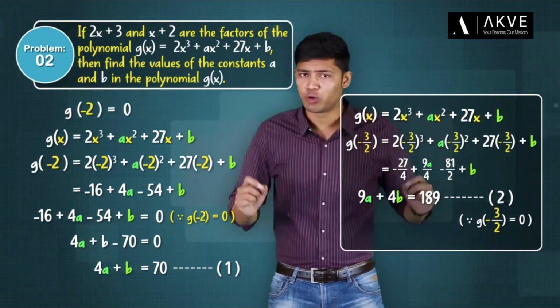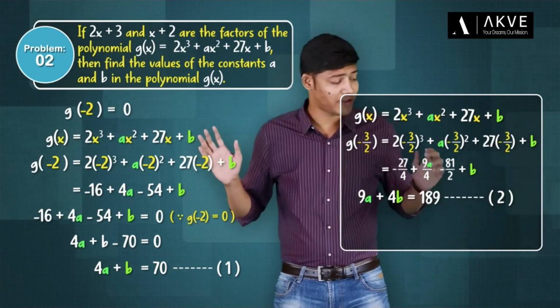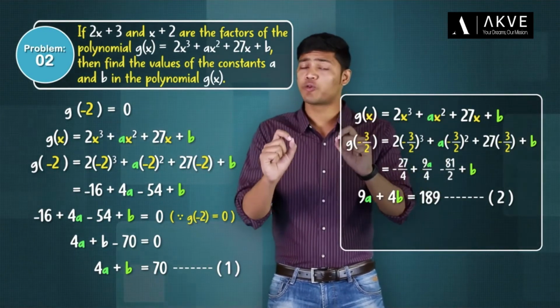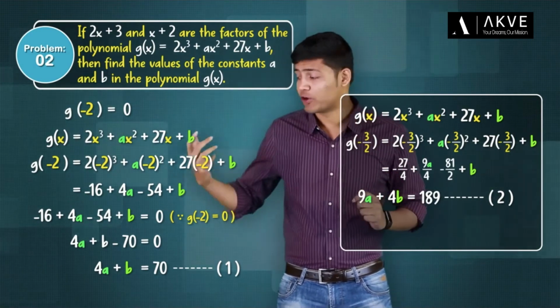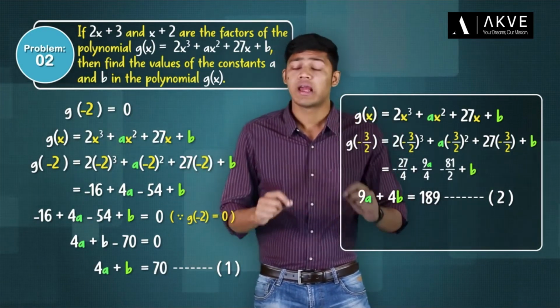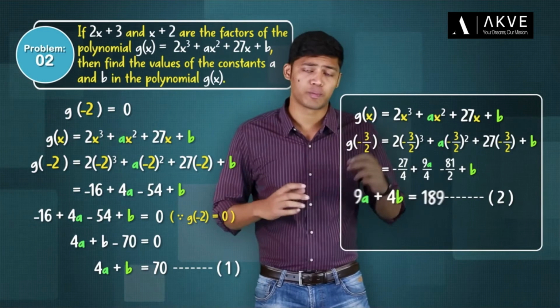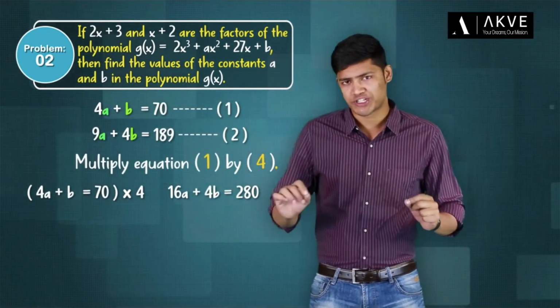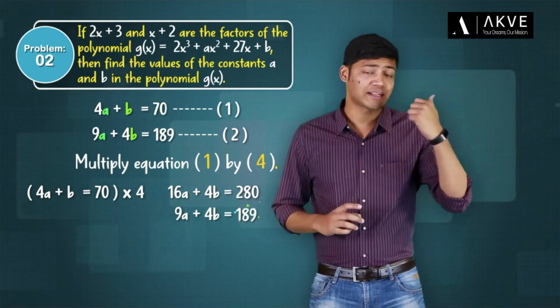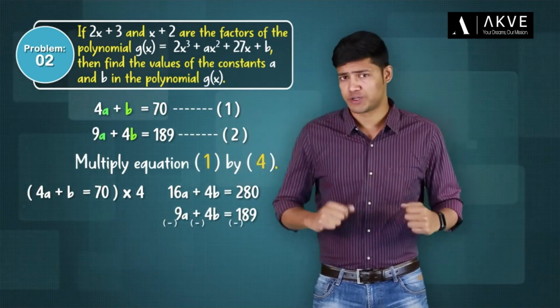So, here we have two equations in terms of a and b and we have to find the values of a and b. The two equations are 4a plus b equals 70 and 9a plus 4b equals 189. We will multiply the first equation by 4 and then subtract the second equation from the first equation.